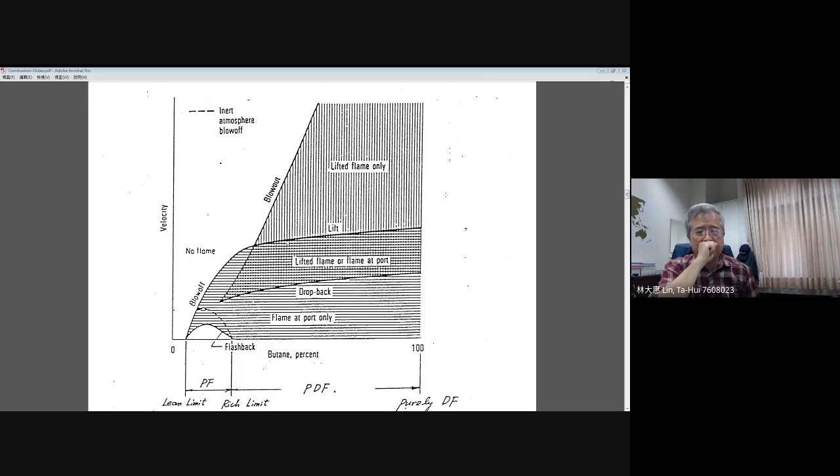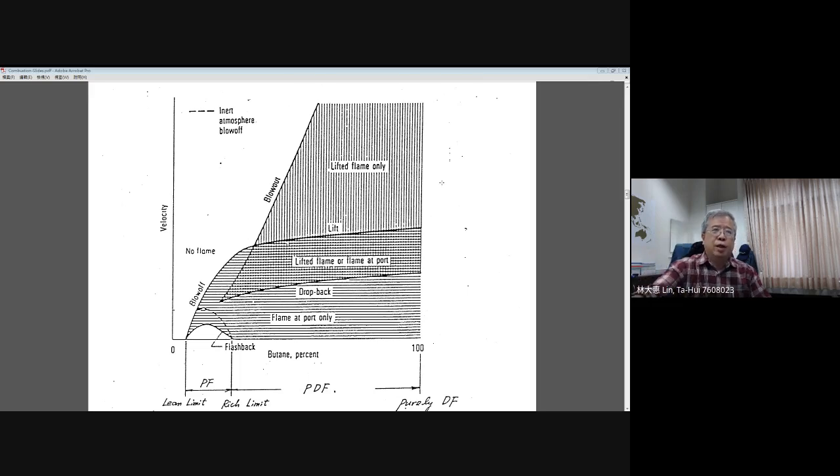Okay, before we jump to the intermediate region between these two limits, we need to explain another line. For example, if you start from a lifted flame, already lifted off at a certain point in your jet flow, how do you bring it back to the burner base? You try to reduce the velocity.